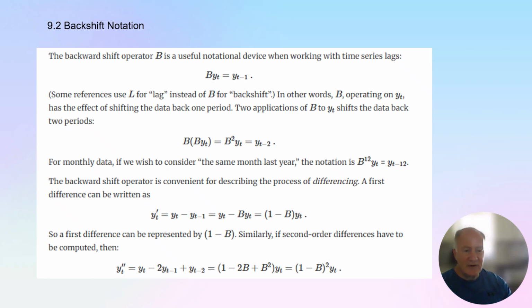For the second difference, we get y double prime is equal to y of t minus 2 times the previous y plus y 2 time steps back. This is written as 1 minus 2B plus B squared, which, if you remember your algebra, is just 1 minus B squared.